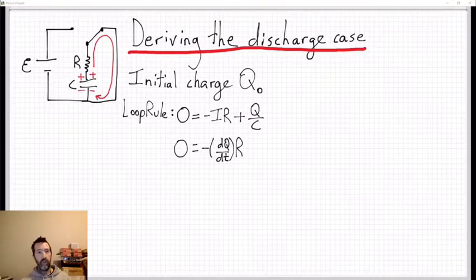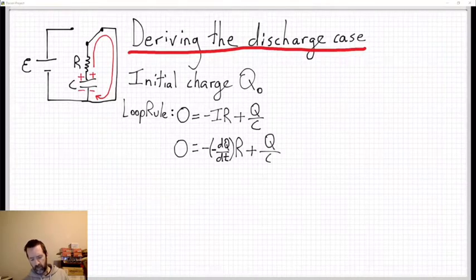So in this problem, Q is a decreasing quantity, which means dq dt would be negative, but I am going in the same direction as the current, so the current should be positive. So instead of writing dq dt, I need to write negative dq dt. Negative dq dt is going to be positive, just like I should be positive. So with that minus sign in place, everything is going to be internally consistent.